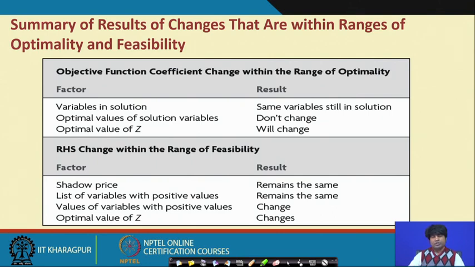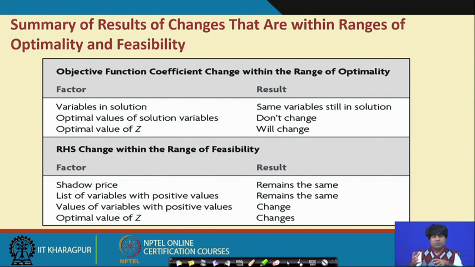Finally, what I have already mentioned: either the optimal solution will change, or it will not change. Sometimes if the optimal solution changes, the value of the objective function will change, and the number of decision variables will remain constant. Only the values of the decision variables will change. As a result, the z value, the objective function value, will change, and sometimes there will be a structural change of the optimal solution.